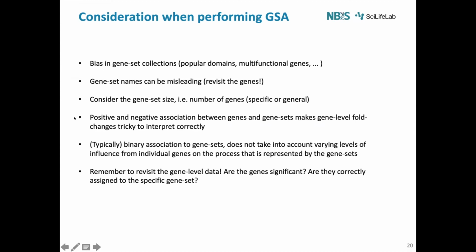Consider also the positive and negative association between the genes. Upregulated genes should be used together. Downregulated genes should be used together as well, and do not mix them unless you have a method that can take that into account. And remember always to revisit the gene level data as well, especially for gene set enrichment analysis, where we don't have a specific cutoff.